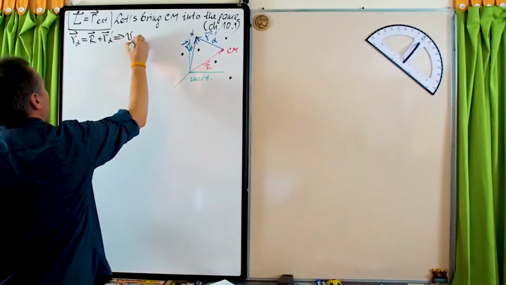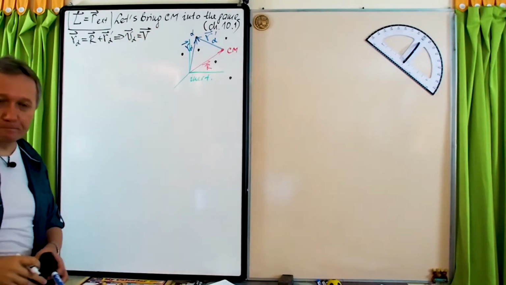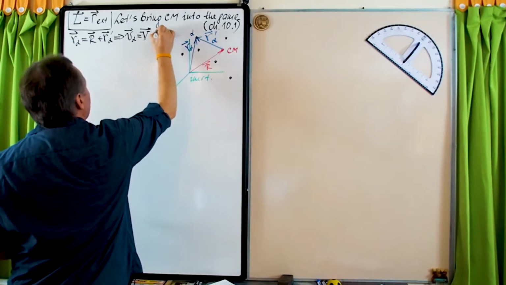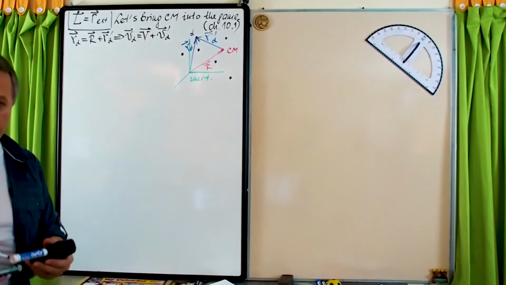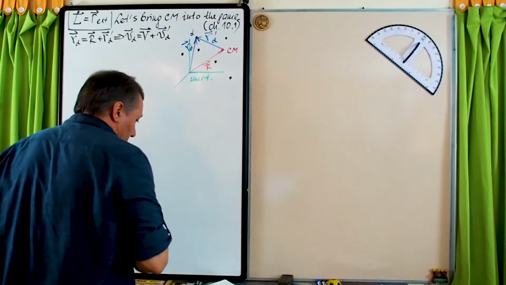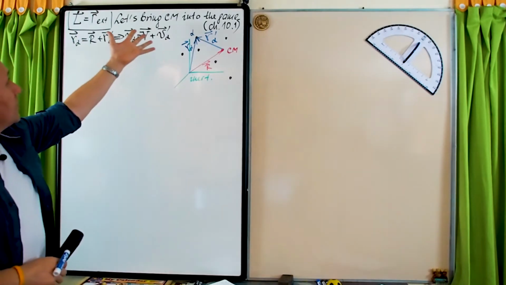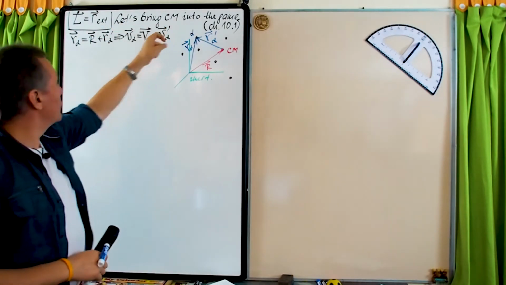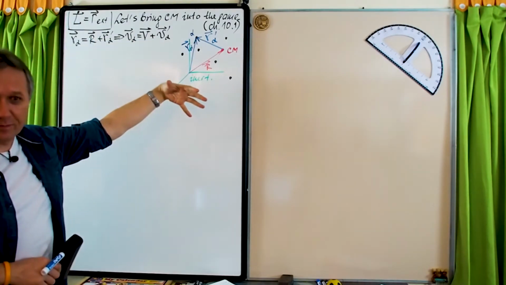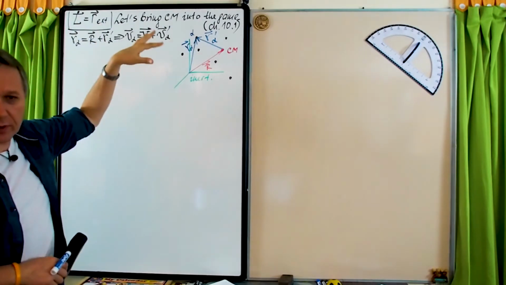So V alpha equals V capital, the velocity of the center of mass point, plus V alpha prime, the velocity of the particle alpha relative to the center of mass point. Just banal stuff. And so now what? Basically, what does it mean we want to bring the center of mass? We want to write L in terms of center of mass, and the torques.